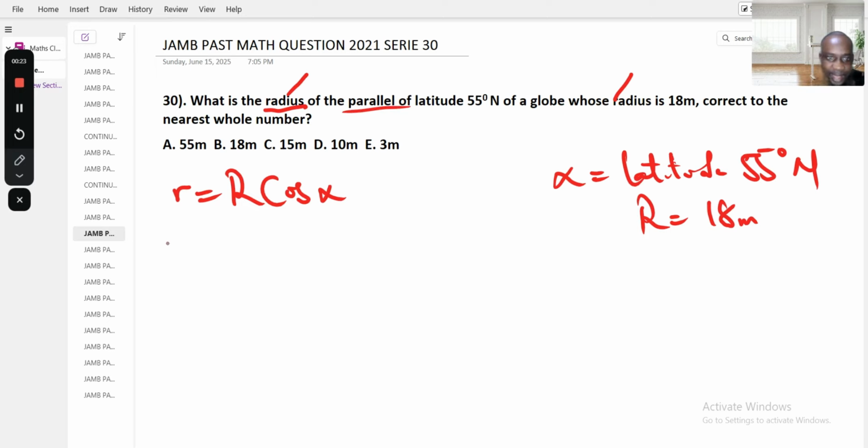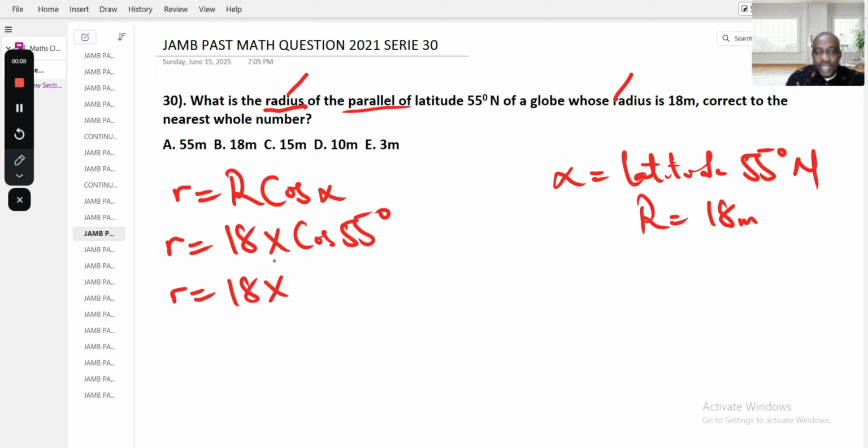Now let's apply it. What is the bigger radius? 18 multiplied by cosine 55 degrees. What is the cosine of 55 degrees?